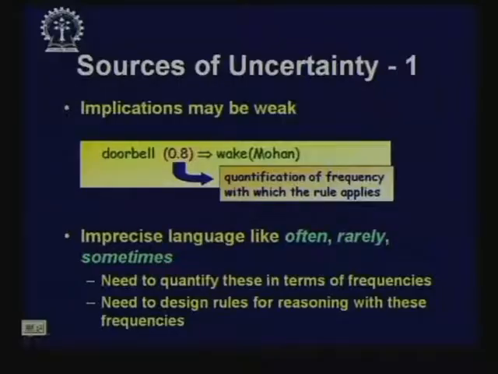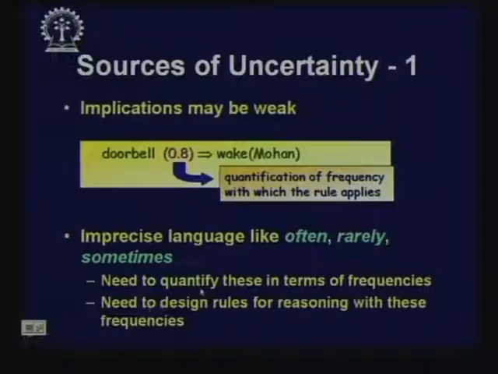Now, in order to really work in the AI area, and to develop real applicable systems, we have to quantify these imprecise terms in terms of frequencies, might be some way. One possible way is to code them in terms of the frequencies. We will see the other ways also.